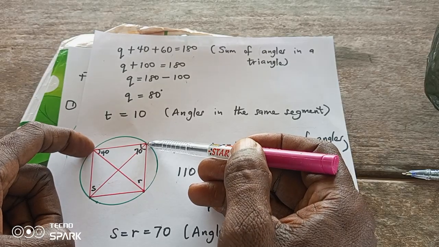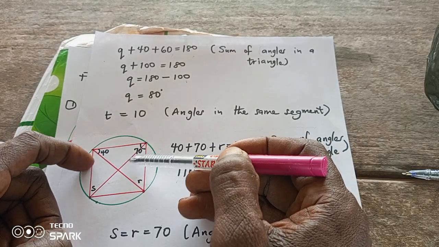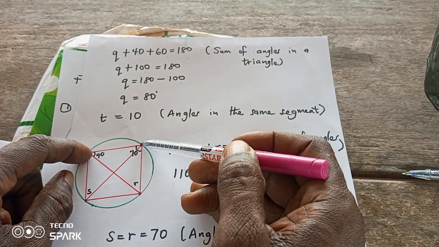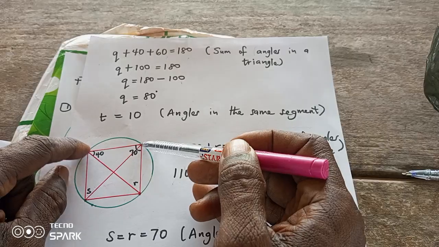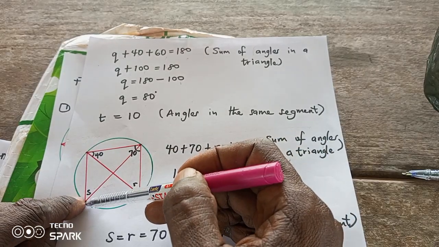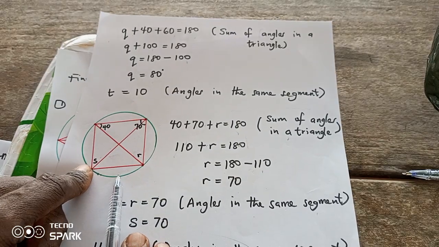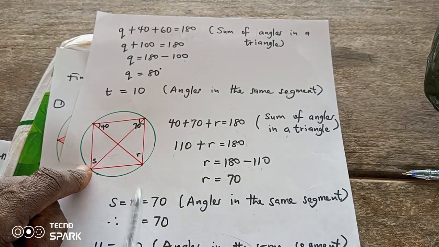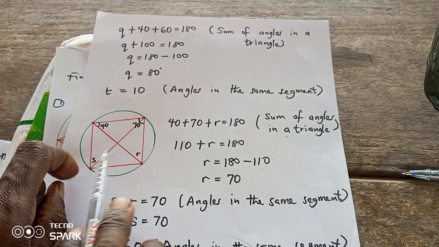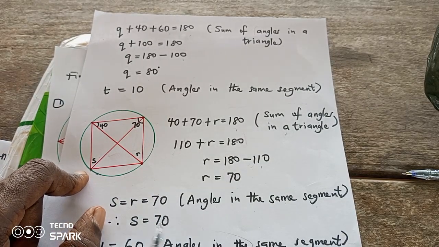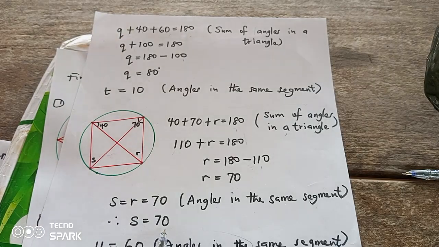From this same segment, another angle is formed this way to form S. So you realize that angle R and angle S are angles of the same segment, so they have to be equal. So since R is 70, S is also 70 degrees.